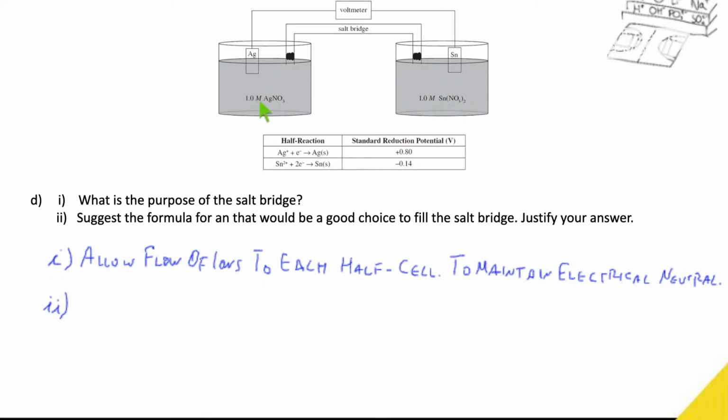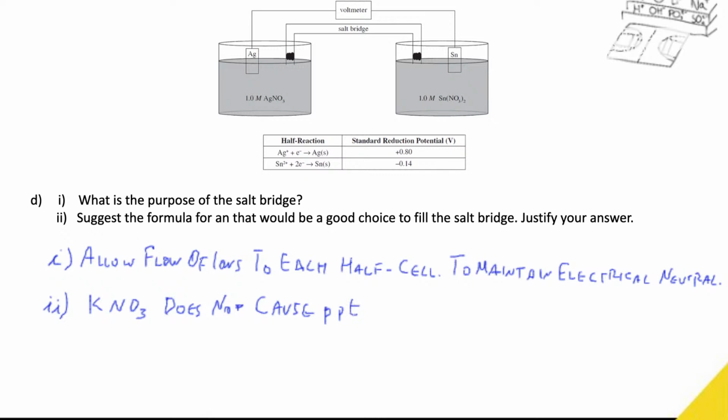The nitrates I don't have to worry about because nitrate salts are soluble. So what would not make the silver precipitate? They're using nitrates here, so it's a good bet to use a nitrate salt. Typically, my go-to salt is potassium nitrate, because it does not cause precipitate.